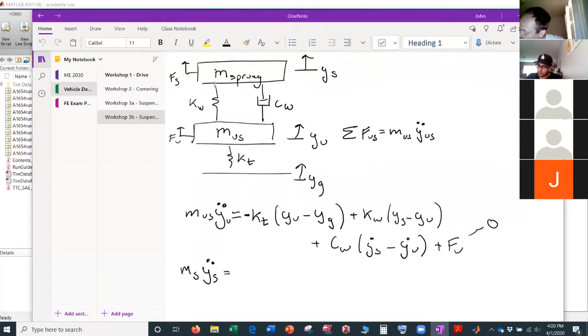So we have minus k of the wheel rate times ys minus yu, basically the opposite of these two terms, minus c of the wheel times y dot sprung minus y dot unsprung, plus the force on the sprung mass.